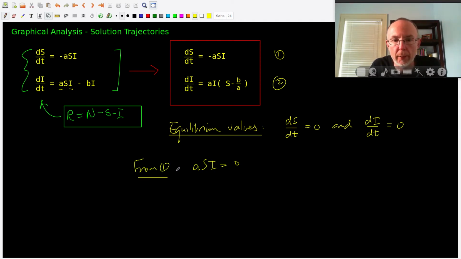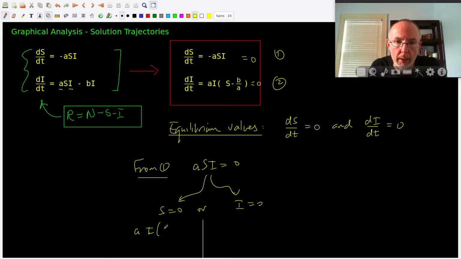Right, just looking at our equilibrium values, and that leads to two conditions, either S is equal to zero or I is equal to zero. And then if we look at the second equation, I'm setting these to zero. If S is equal to zero, then I've got A times I, 0 minus B over A is equal to 0.